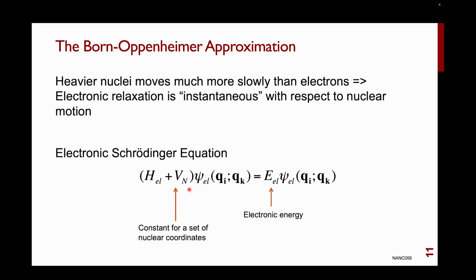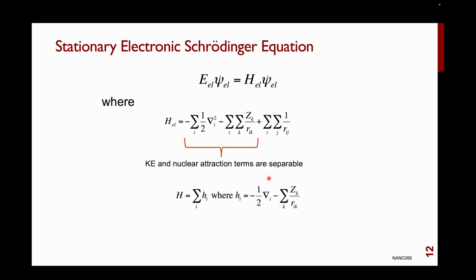For the electronic Schrodinger equation, you basically have your Hamiltonian for your electrons plus the potential that is given by your nucleus coordinates. And all that you worry about is the wave function of your electrons only. So you are not going to worry about the nuclei at all. What you get as eigenvalues are the electronic energies.